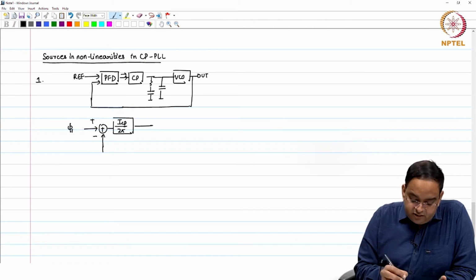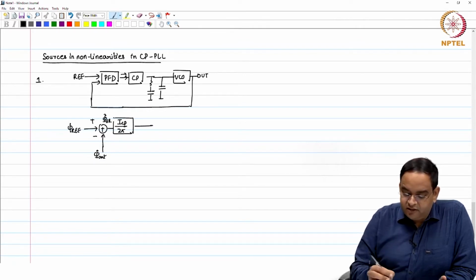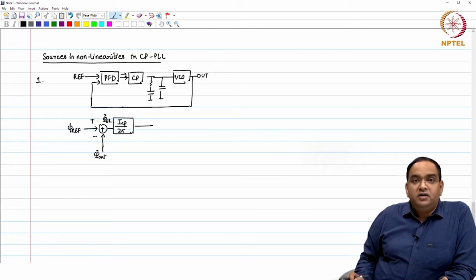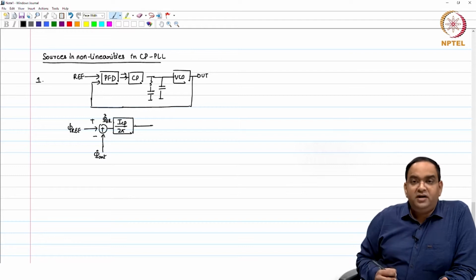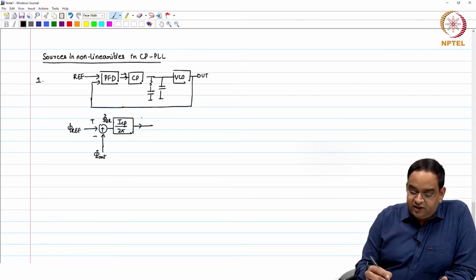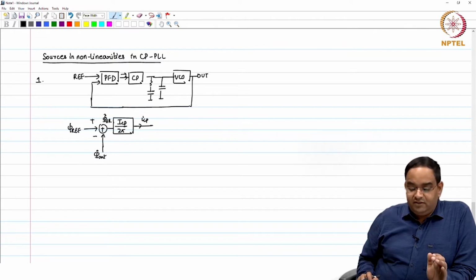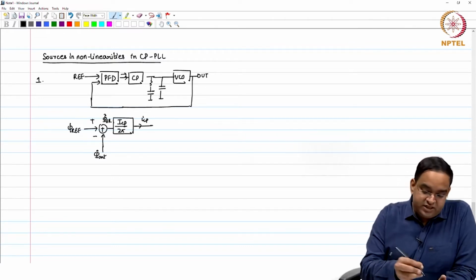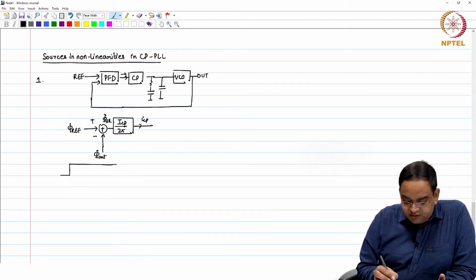So, here if I have any phase error between the input and the output phase, which is phi error, this phi error gets modulated by the charge pump and you get a corresponding ICP gain. This is what we have assumed, which in turn means that let me just plot our PFD response.